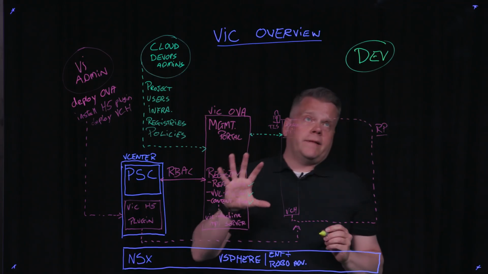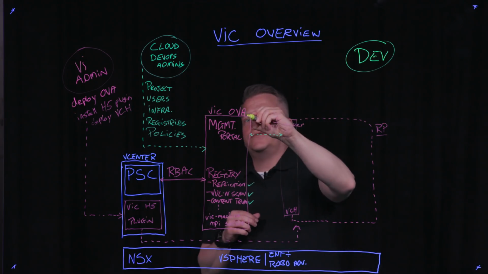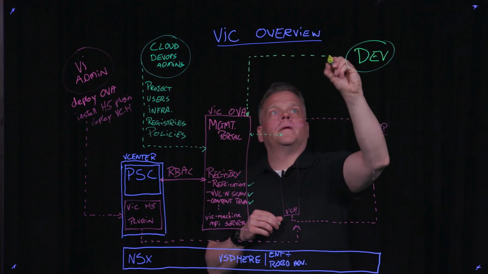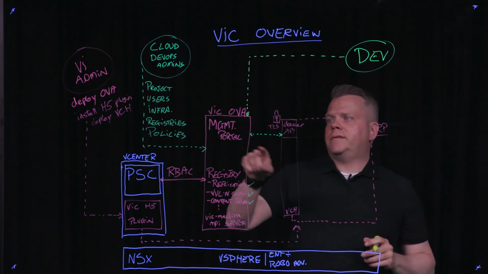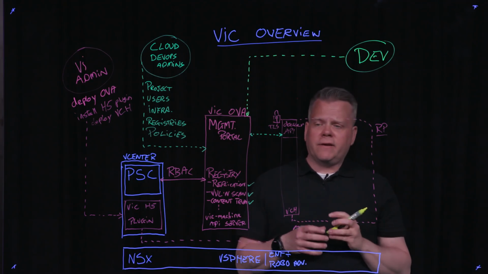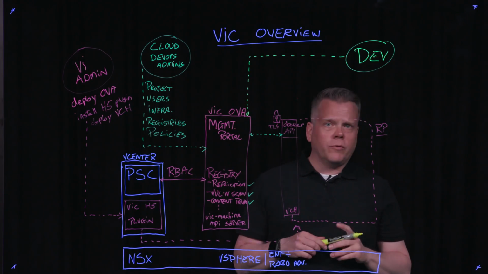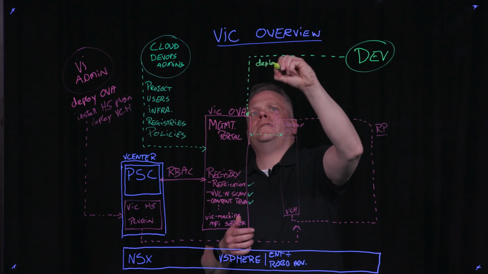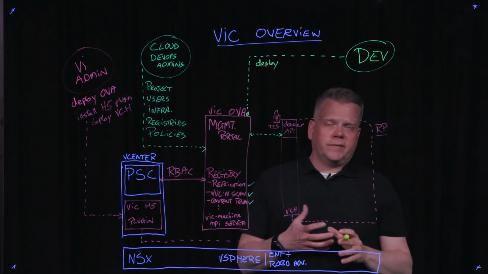The first way that the developer can consume this is by connecting to the management portal. The developer can come in, connect to this web portal, and from there they'll get a view into what images are available in the registry. They can actually deploy these images from that interface, so do a simple container image deployment.